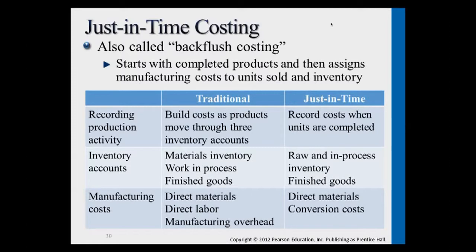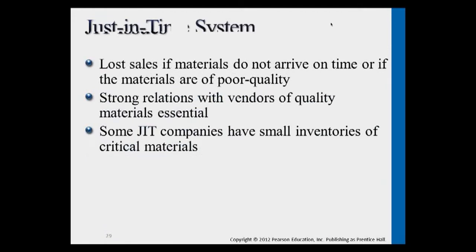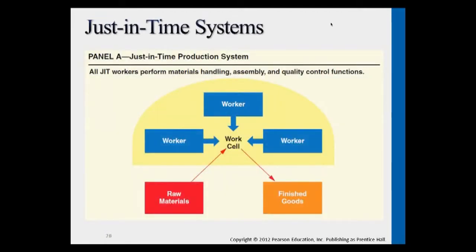Do you see how different it is? Remember how last class we had materials inventory, some costs, and then those costs moved to work in process and so on. Have that illustration in mind. And here we have raw and in-process inventory, with all the products coming in, and then finished goods, we're done, they're flowing out. So picture that. That's going to be your first, and that's going to be your second.